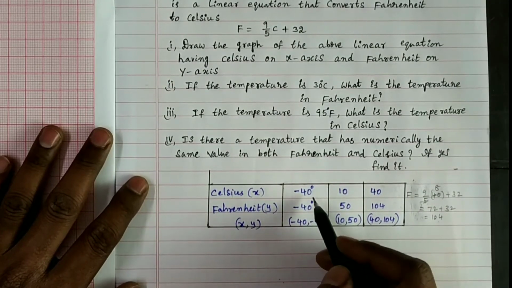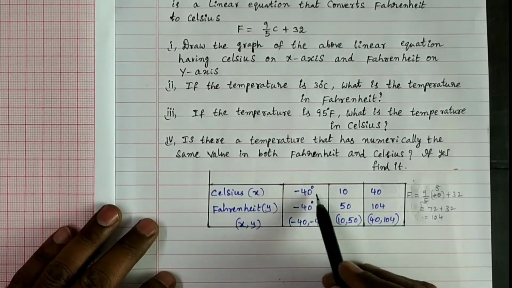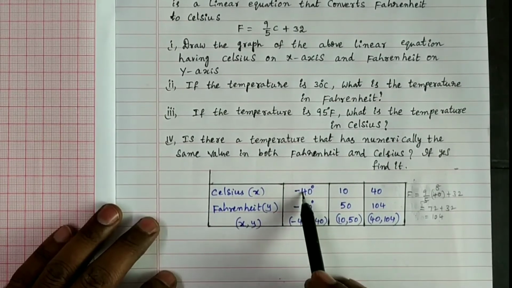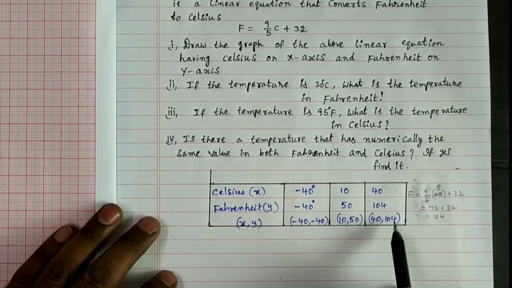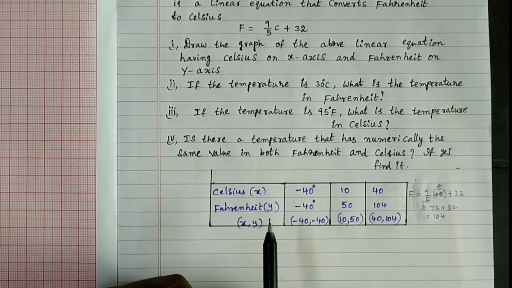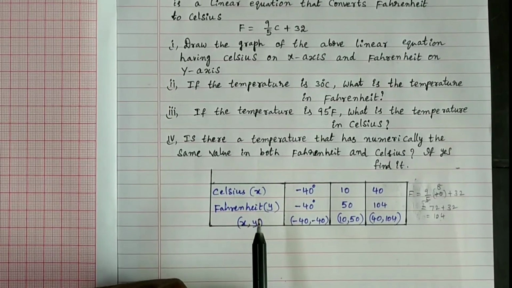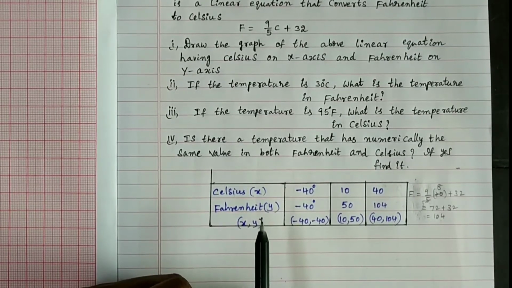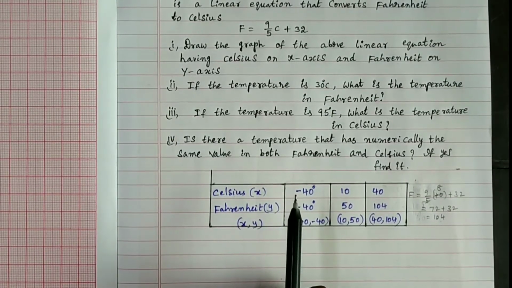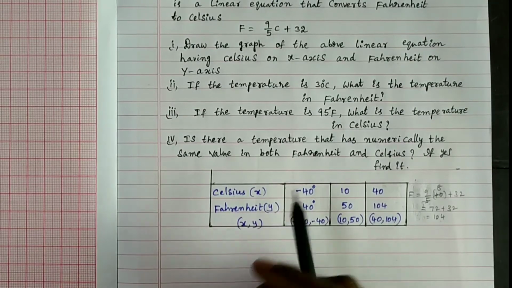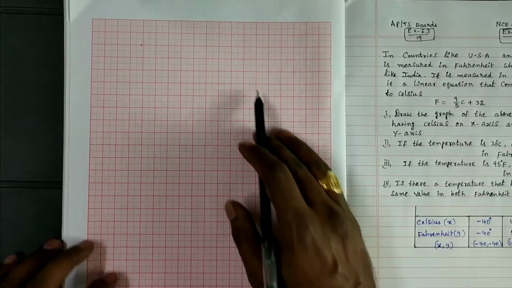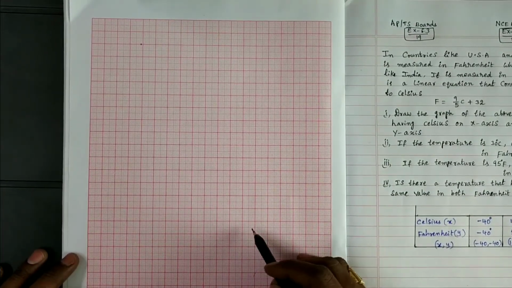By observing these x-axis values and y-axis values, these are large values: minus 40 and minus 40, 104, 50. So it is better to take 1 centimeter as 10 units on both x-axis and y-axis. And the temperature has negative values also, so in the middle of the graph you take the x-axis and y-axis.